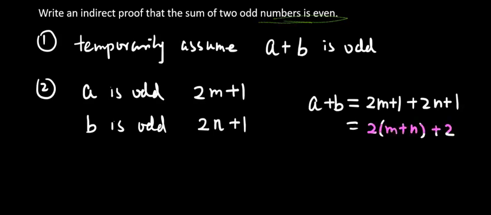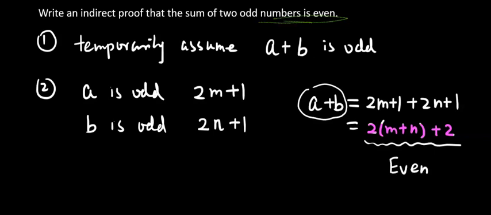If 2 times the sum of the numbers, M plus n, and add 2, then this number has to be even. Okay? So this highlighted part proved A plus B equals 2 times the sum of the 2 numbers plus 2.